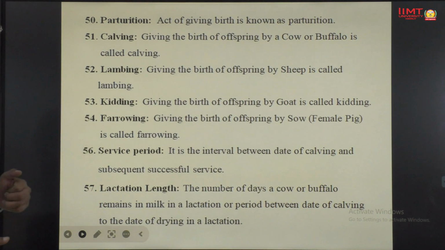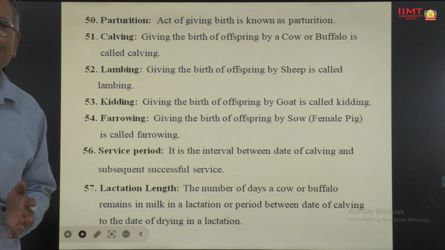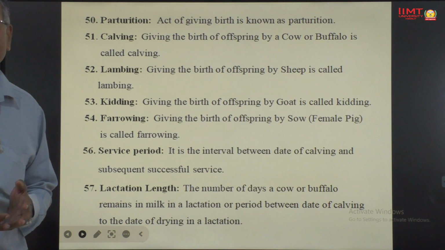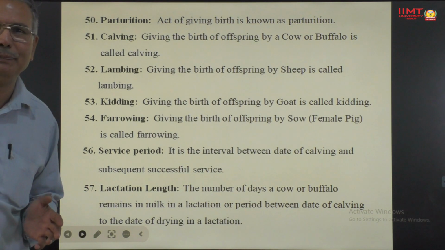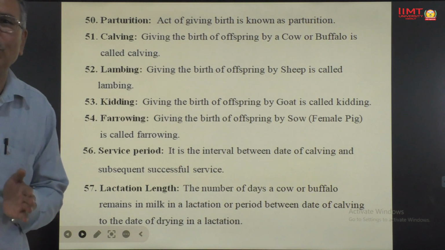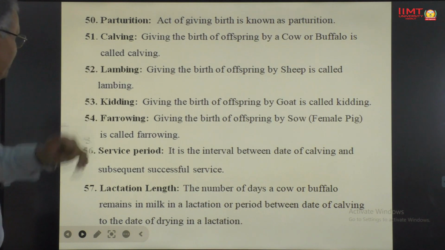What is lambing? Giving birth to offspring by a sheep is known as lambing, or in simple words, the act of parturition in sheep is known as lambing. What is kidding?